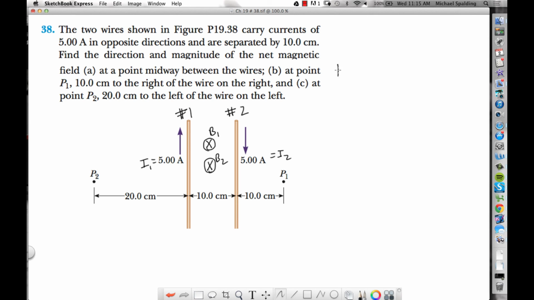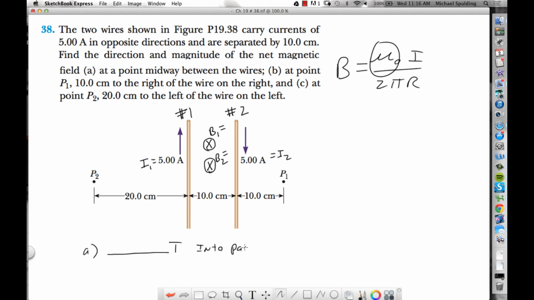So we use the equation B equals mu naught I over 2 pi r. Mu naught is a constant, right? Then you calculate B1, B2, and add them together, and the answer will be into the page. So the answer to question A is going to be something Tesla into the page.